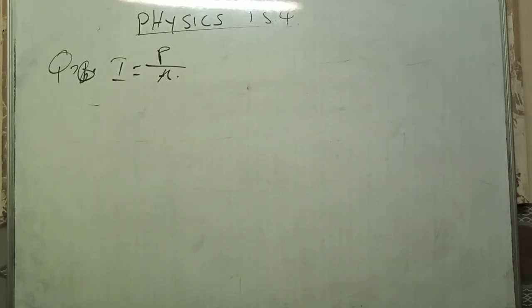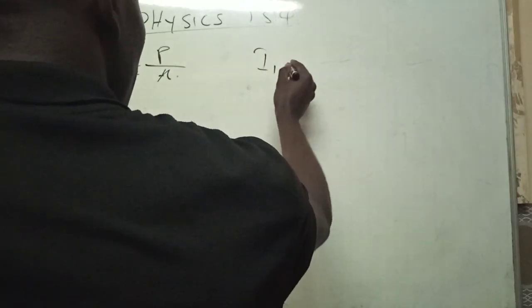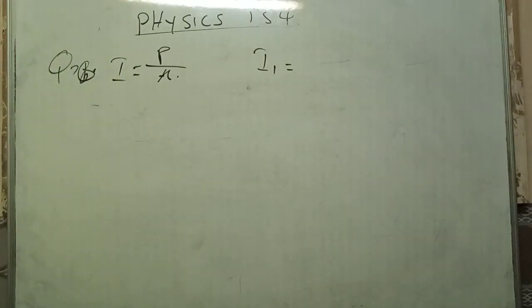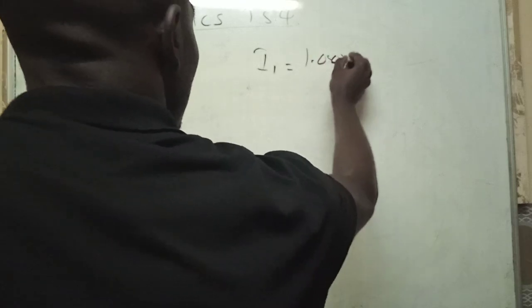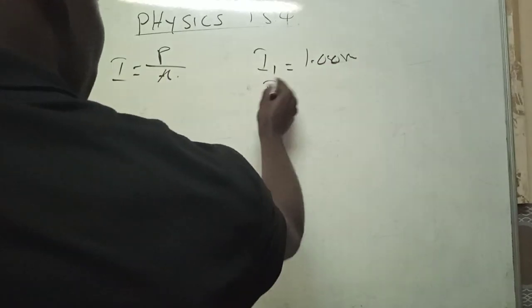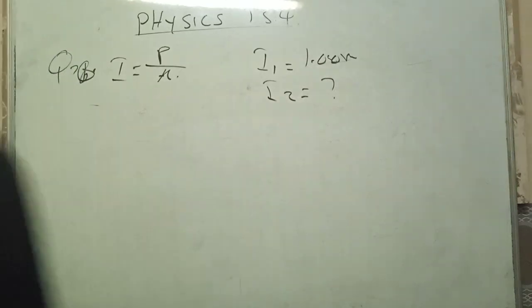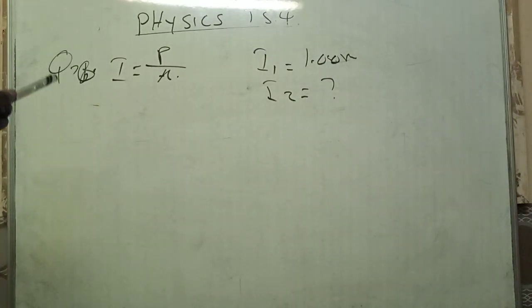So we are talking about the first intensity, which has been given at 1.00 meters. We are trying to get the second intensity, which we don't know. Find the sound intensity at a distance of 35 meters, assuming that the sound propagates as a spherical wave.